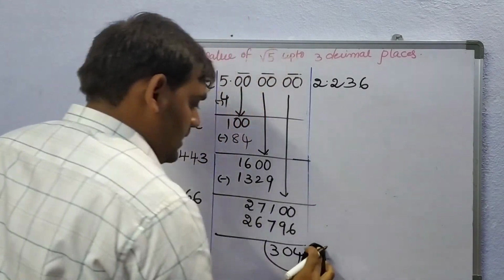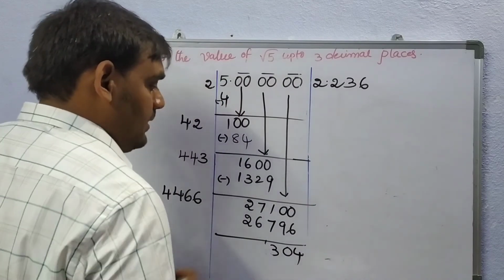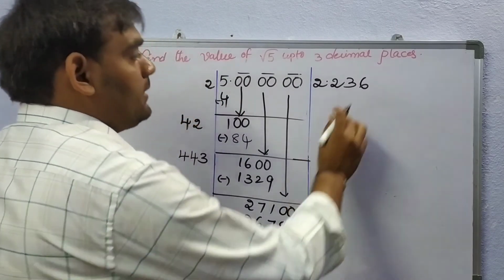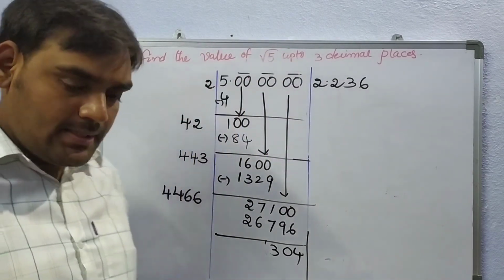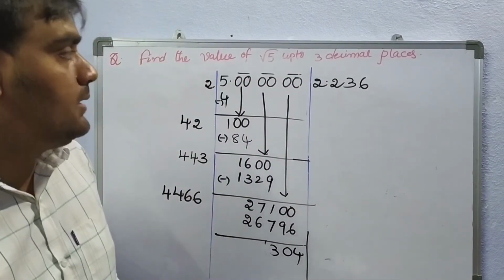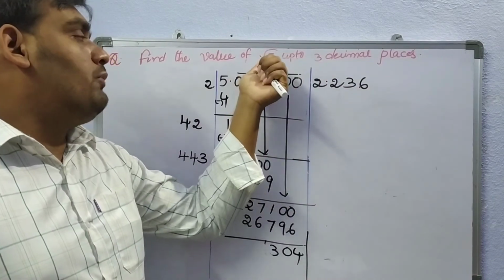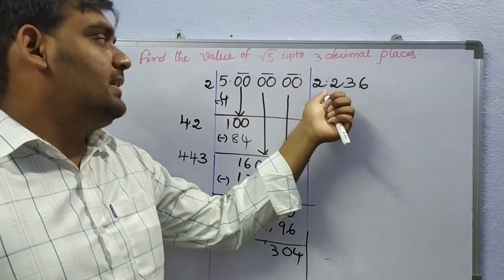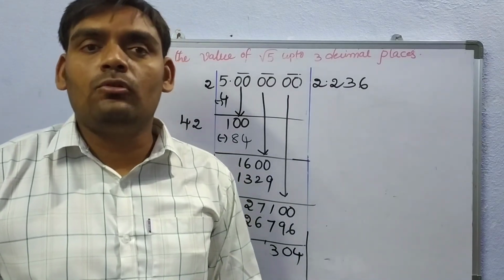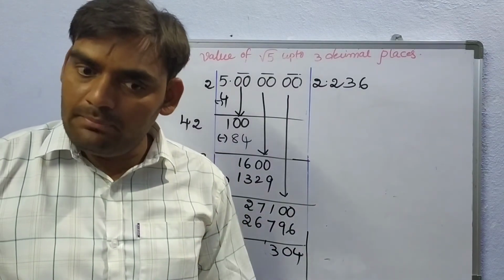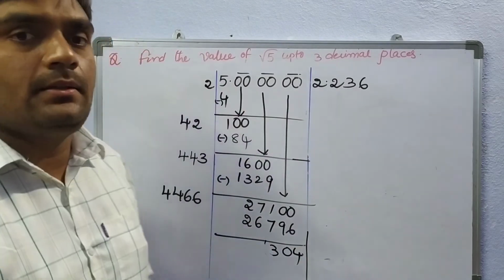See, according to the problem, what they said, find the value of root 5 up to 3 decimal places. So here we got the root 5 value up to 3 decimal digits is 2.236, but actually the value of root 5 is neither terminating nor recurring. Am I correct or not?